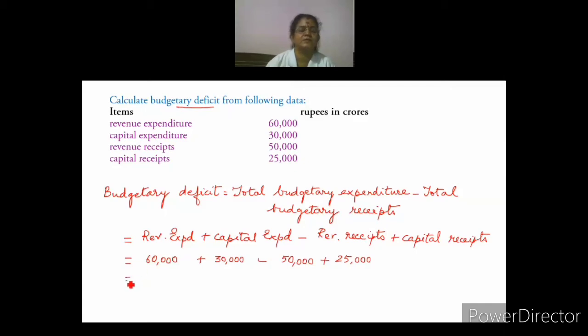Now let us add this. 60 plus 30 comes to 90 minus 50 plus 25, 75,000 crores. So the answer is 15,000 crores.